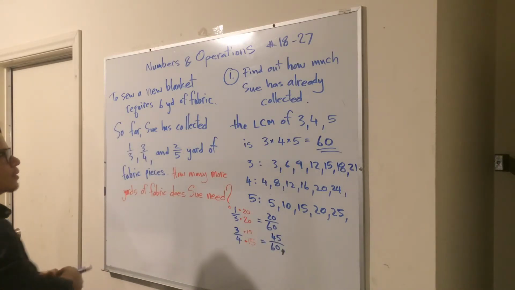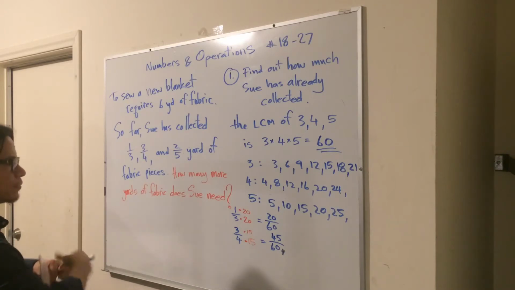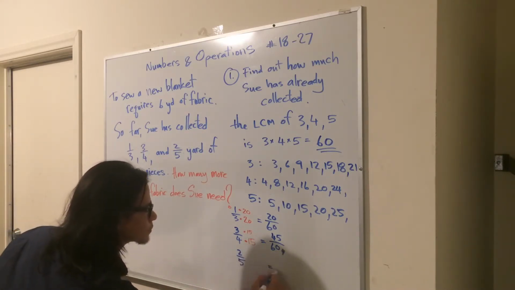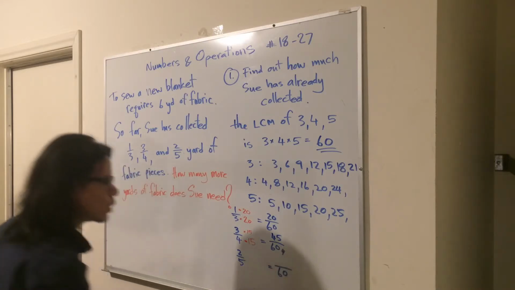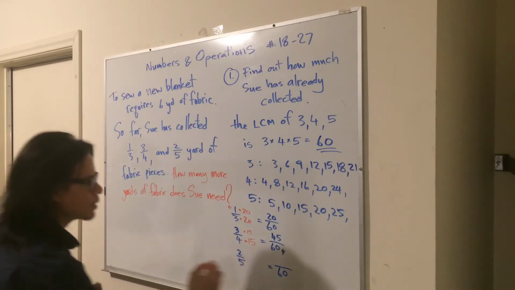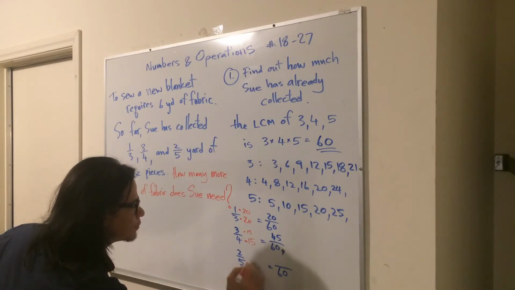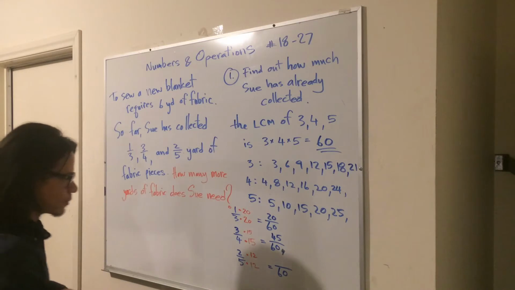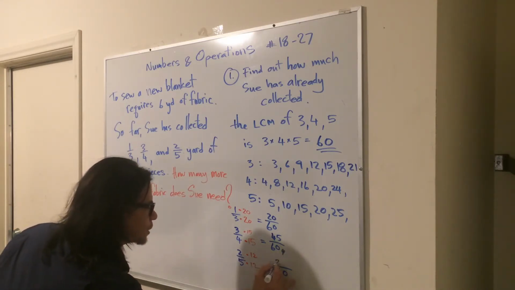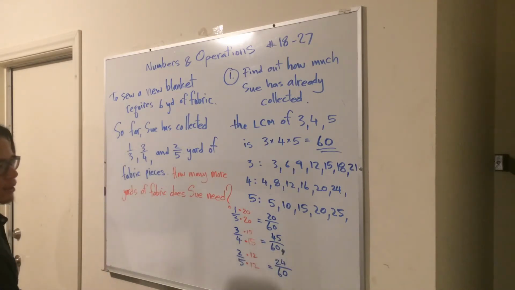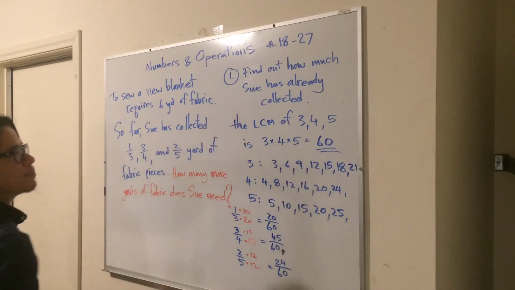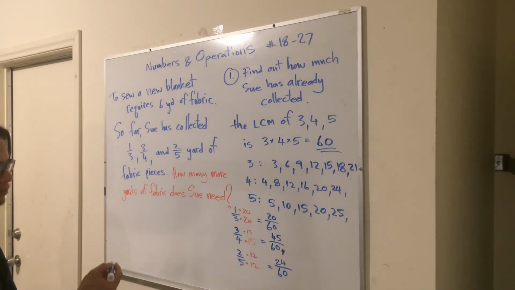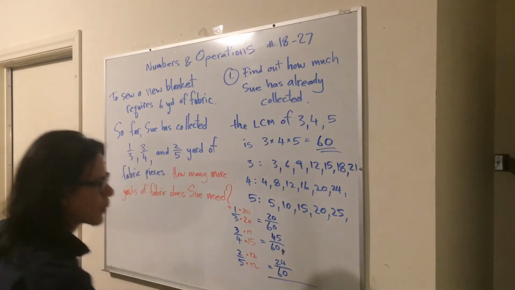The other piece is 2/5. It will be equivalent to what over 60? Take 5 times 12, so 2 times 12 is 24. To find out how much fabric Sue has already collected, we add up these 3 fractions.